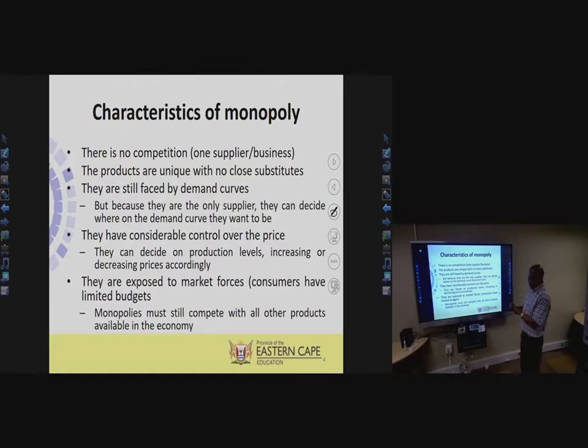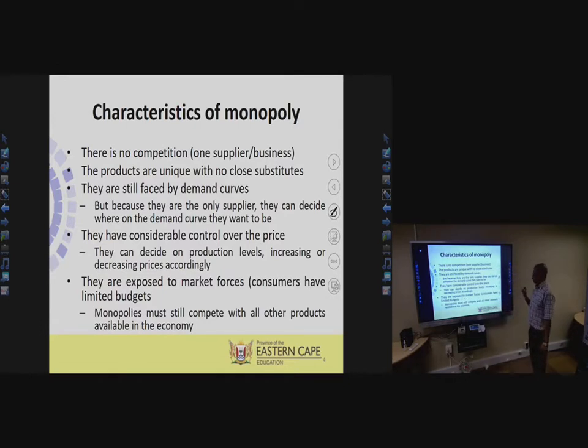But if I want to sell more quantities, then my price should be lower. They can decide on the production level, increasing or decreasing prices accordingly. If they increase the price, they know the quantity will decrease. But if they decrease the price, they know the quantity will increase.